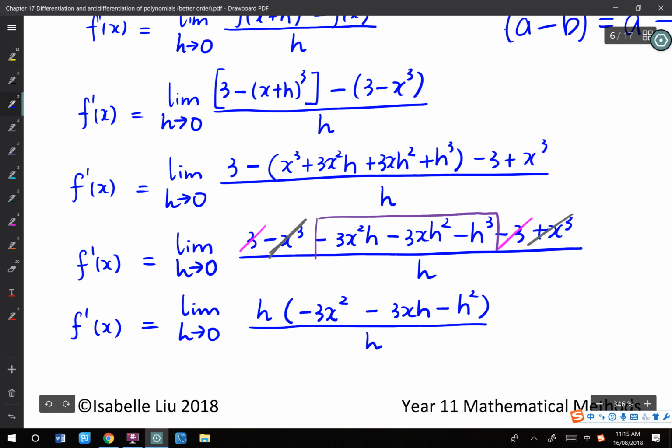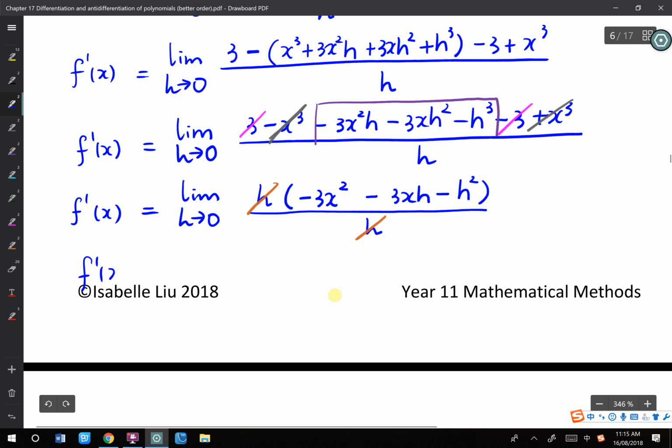I can take the h out, because only if I can factorize, the h and h can be cancelled from the numerator and denominator. Now I can do substitution h equals 0 because we no longer have denominator h.